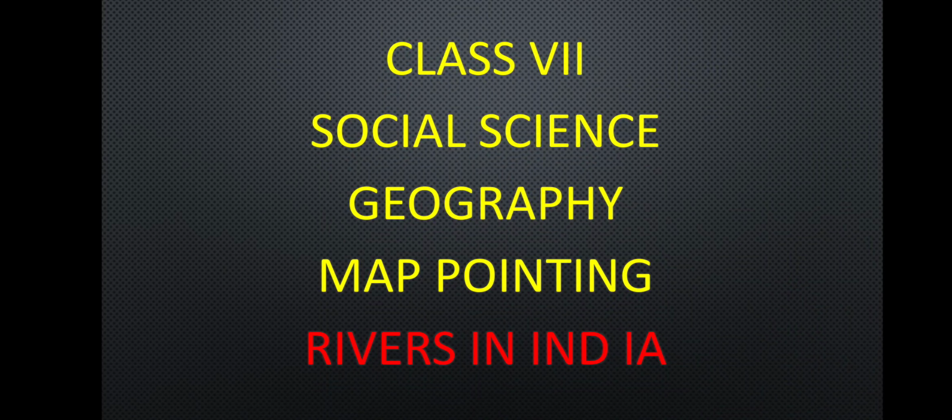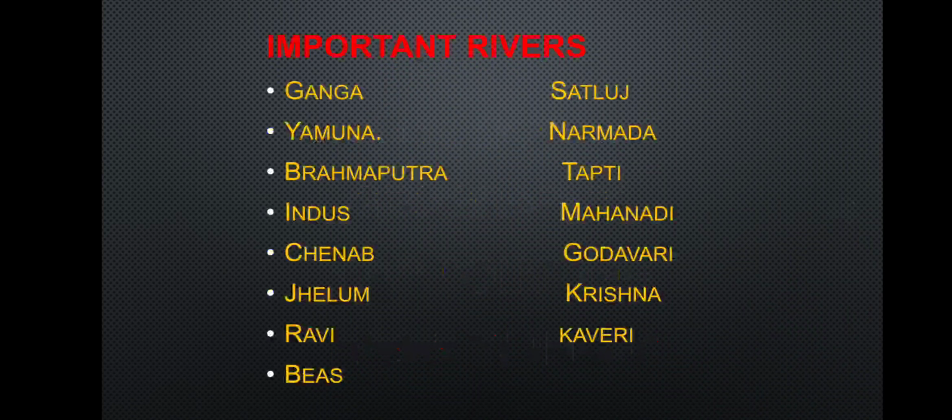So, now let us see what is the syllabus. Important rivers. So, few names of important rivers are already given on the screen. You can see it. So, we can divide those rivers into North Indian rivers and peninsular rivers or South Indian rivers.